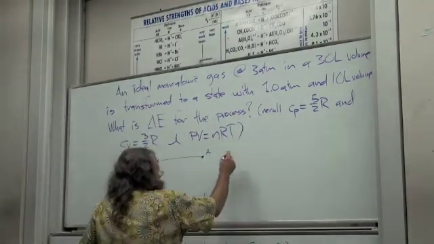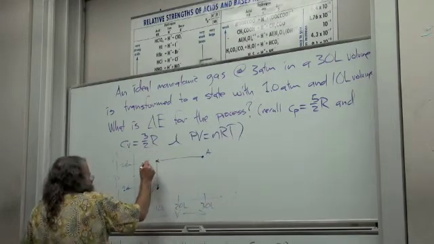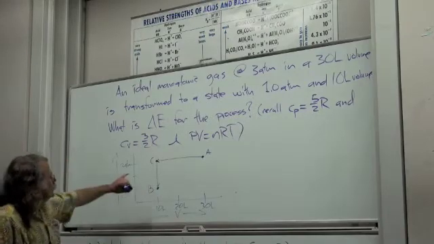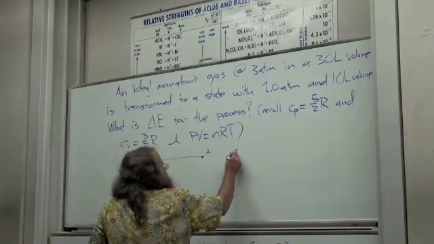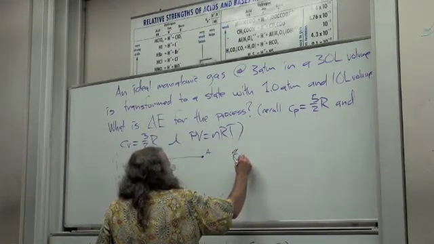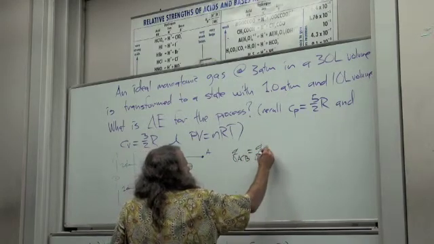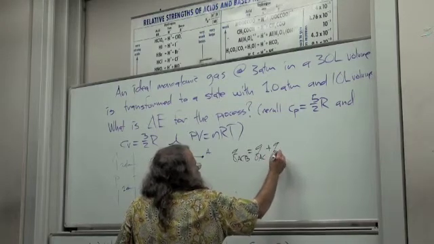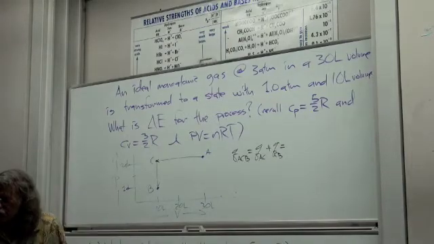Okay, so let's try it this way. I'll call this state C. So Q for A to C to B equals Q_AC plus Q_CB. We can cut right to the chase.